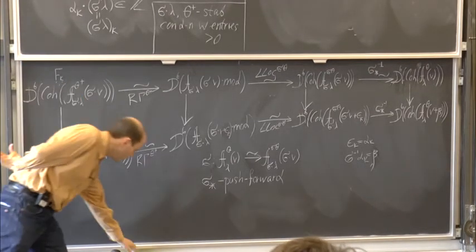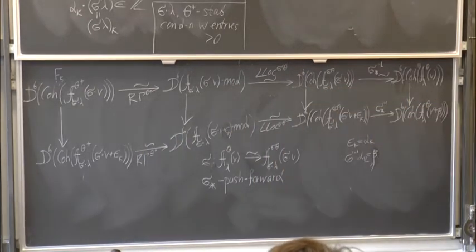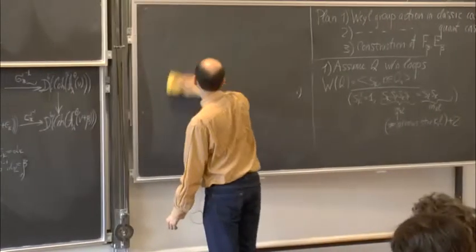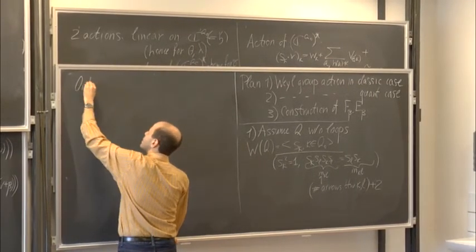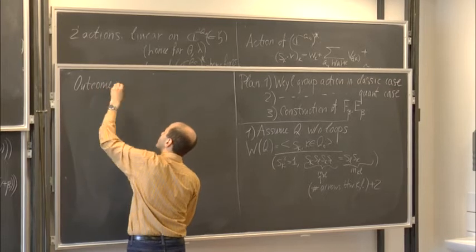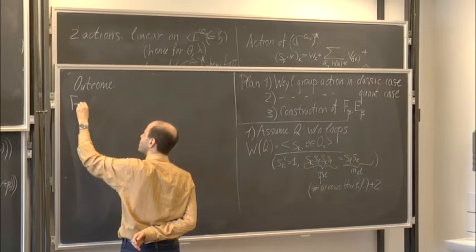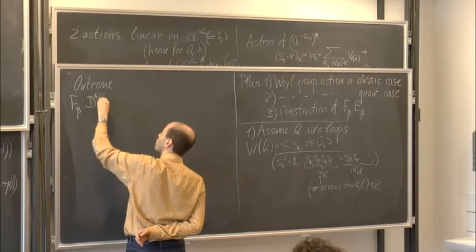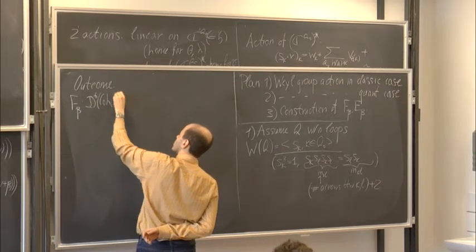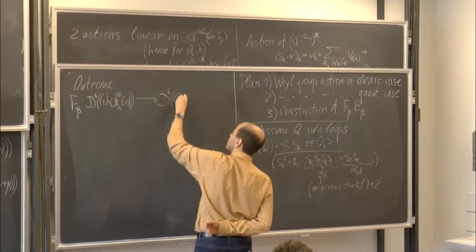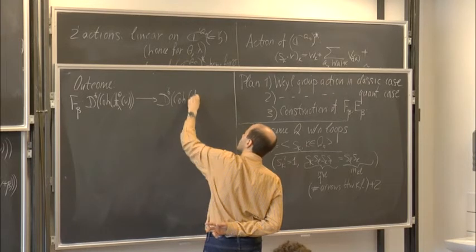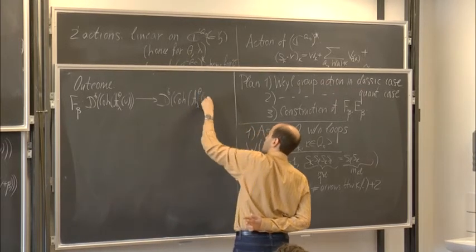All right. So now what do we need to check? As an outcome, we have functors F beta going from D^b Coh A lambda theta V to D^b Coh A lambda theta V plus beta.